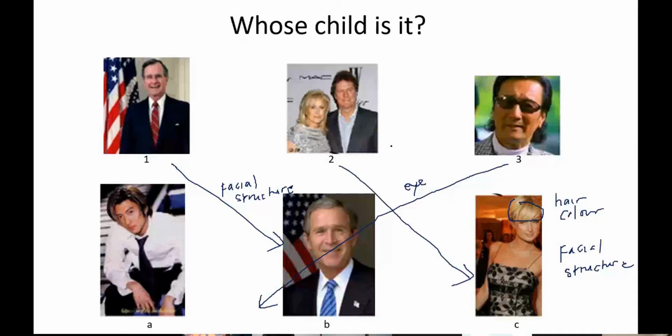Characteristic from parents that can be inherited by the offspring. Characteristic or trait: the facial structure, hair color, and also eyelid. Actually, the eyelid is the same, single lid.